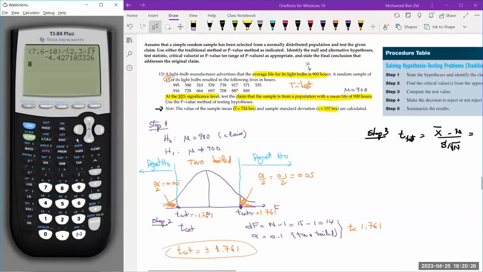So let's do it together. You go to start and enter. If you have the table full, you're going to go to second, memory, and you clear it. Clear all lists. Number 4, enter, enter, done. So you're going to go back to start, edit, and enter the numbers right now, right?